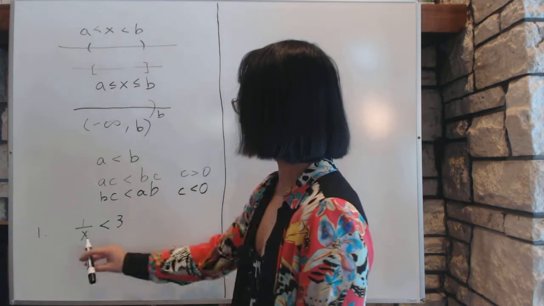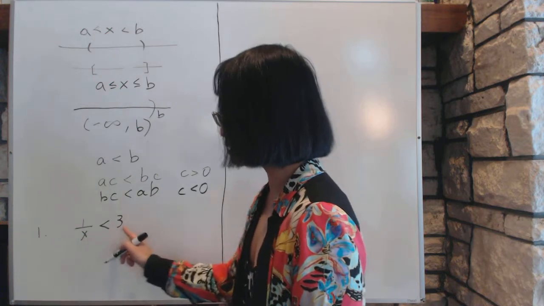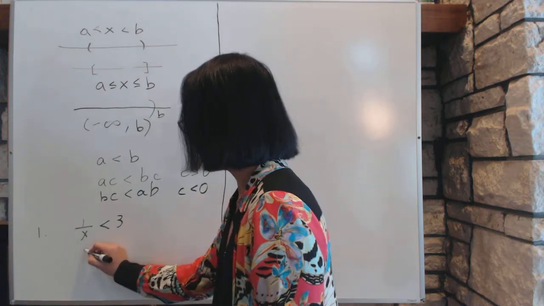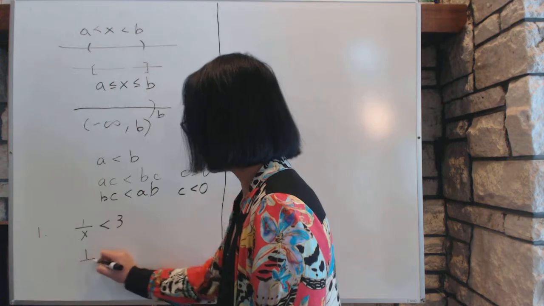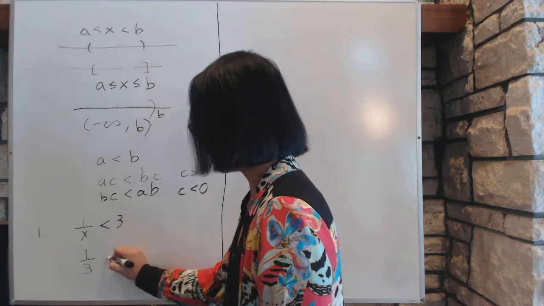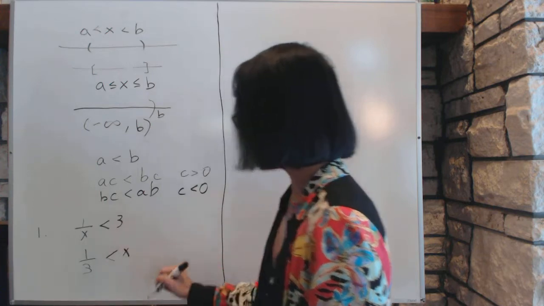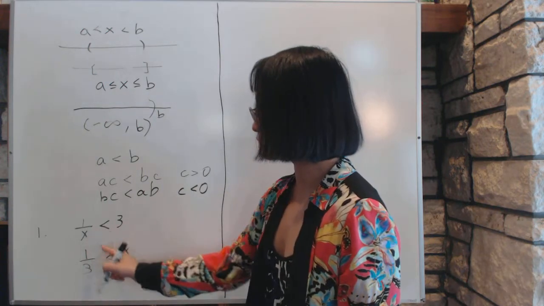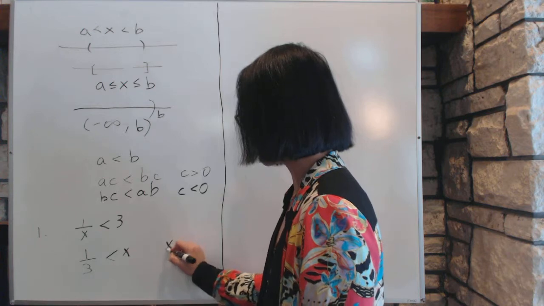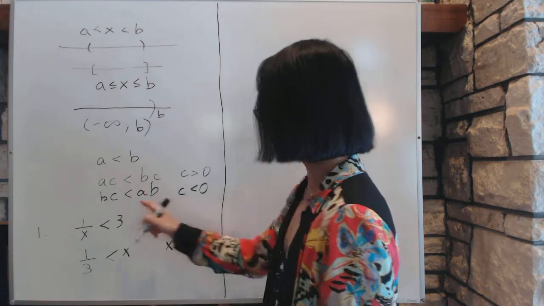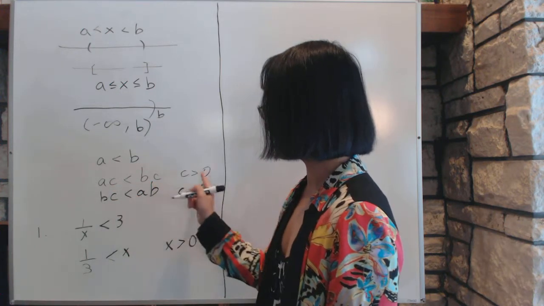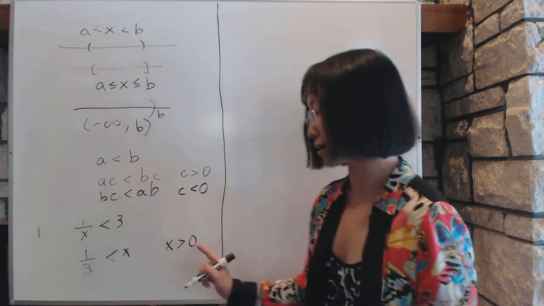Okay. So to solve this inequality, we'll multiply both sides by x and divide by 3. So then you have 1/3 less than x. But be very careful that this is only true if x is bigger than 0. As we've mentioned, if it's bigger than 0, the inequality holds when you multiply or divide.